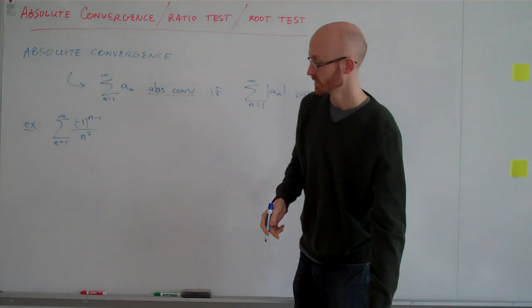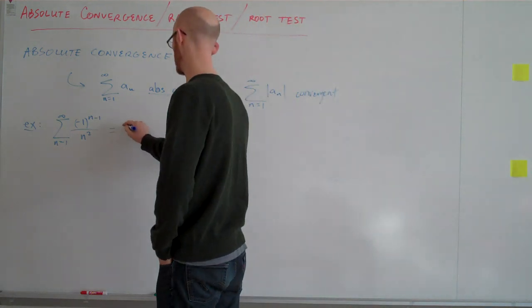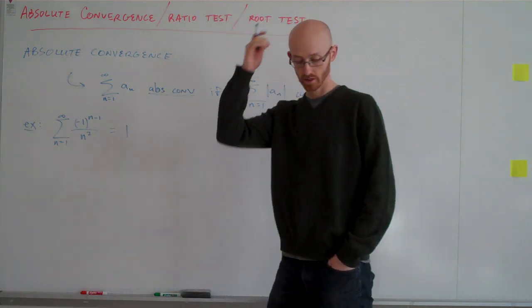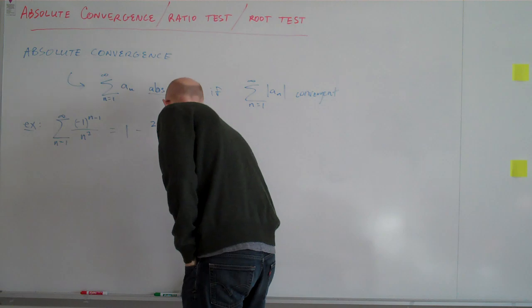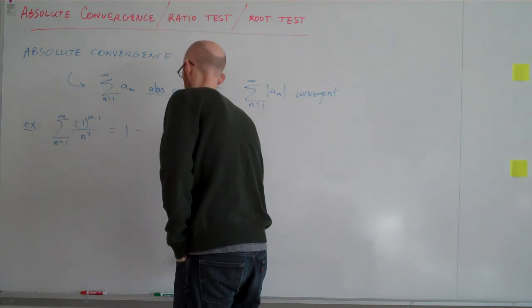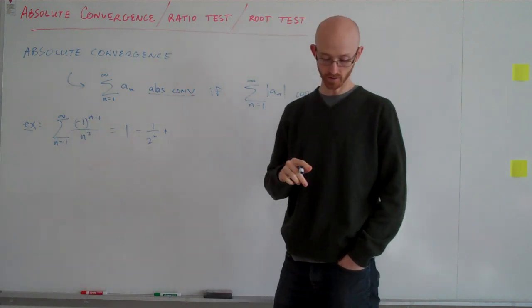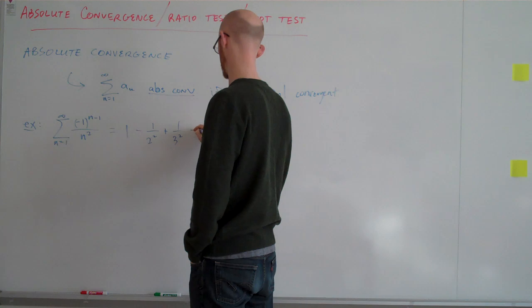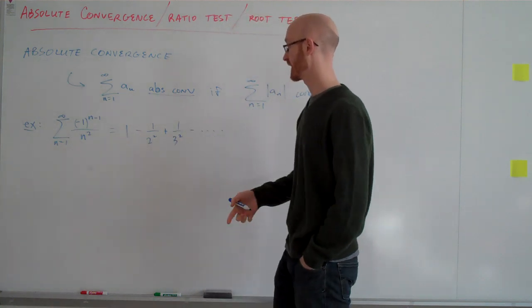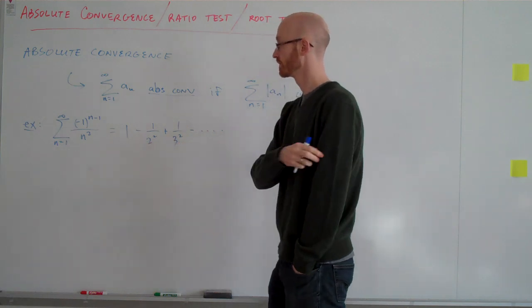Is that series, and just to give you a few terms, the first term is 1, minus 1 over 2 squared, then plus 1 over 3 squared, etc. So it alternates back and forth, and the denominator is 1 squared, 2 squared, 3 squared.